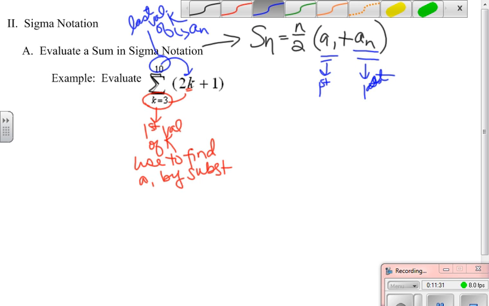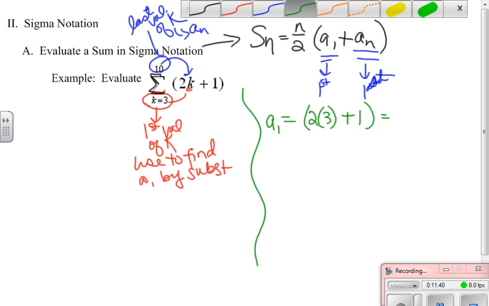So if we go ahead and do that, A1 would be equal to 2 times 3 plus 1, which is 7. The last term, we're going to let k equal 10, and we're going to have 2 times 10 plus 1, which is 21.